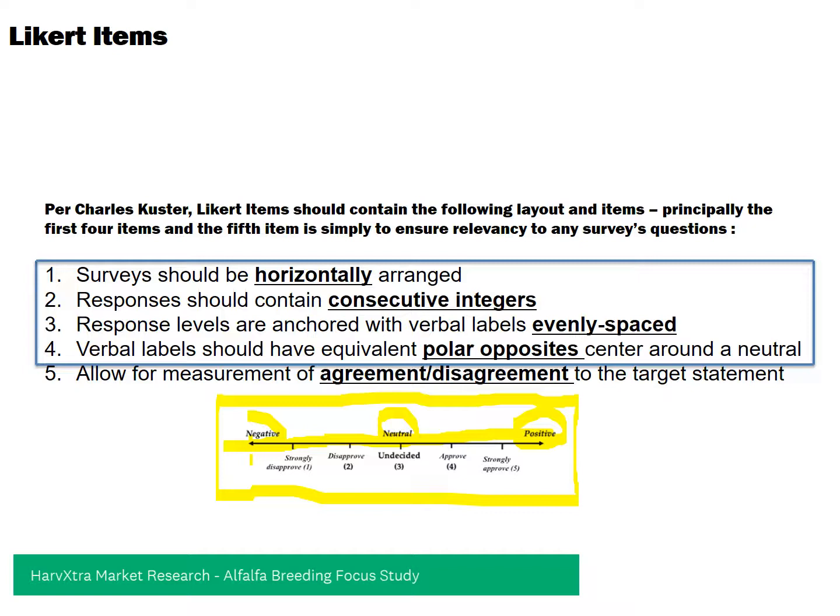There are consecutive integers that are evenly spaced. We have polar opposite statements to help anchor this with our numbers or values. This is a strongly disapprove statement. Here we have an undecided statement. Then we have a strongly approve statement.